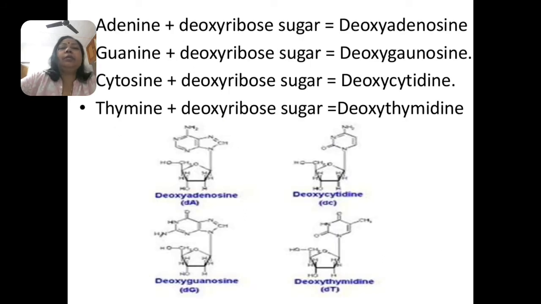Adenine plus deoxyribose sugar is deoxyadenosine. Guanine plus deoxyribose sugar, deoxyguanosine. Cytosine plus deoxyribose sugar, deoxycytidine. And the last one is thymine plus deoxyribose sugar, deoxythymidine. So there are four types of these nucleosides.